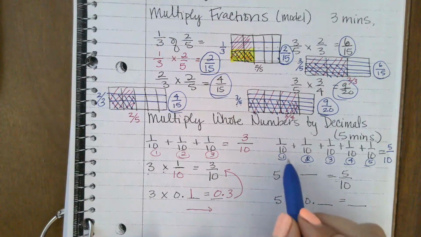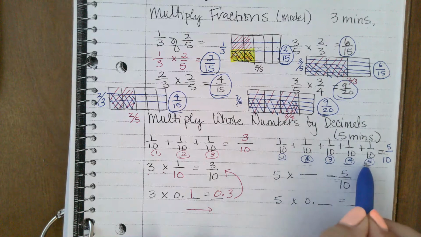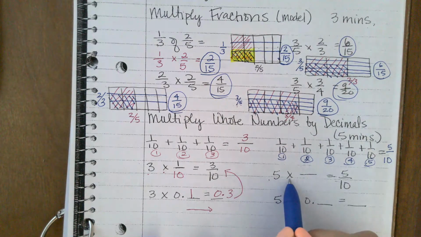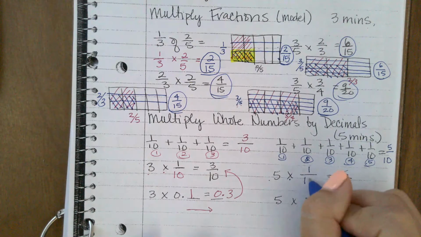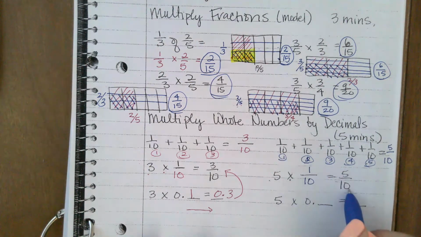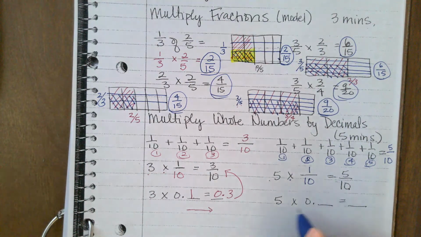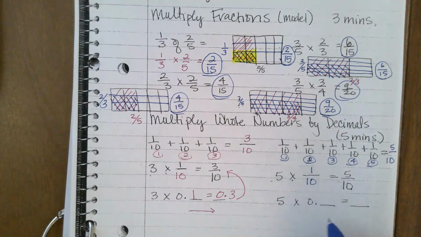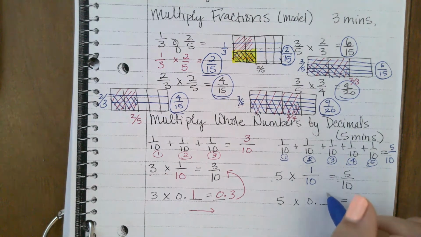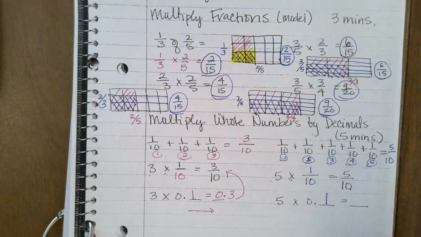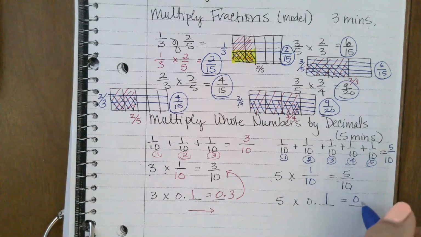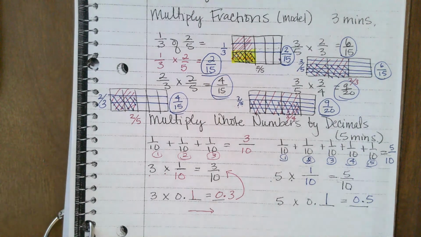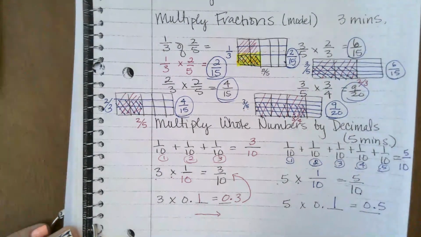So we have 1, 2, 3, 4, 5. 5 times what? 1/10, which is equal to 5/10. Now, we were multiplying by 1/10. What does 1/10 look like as a decimal again? That's right, it's 0.1. So 5 times 0.1 is 0.5. All right. Now, it's going to get a little more complicated, but not too much.